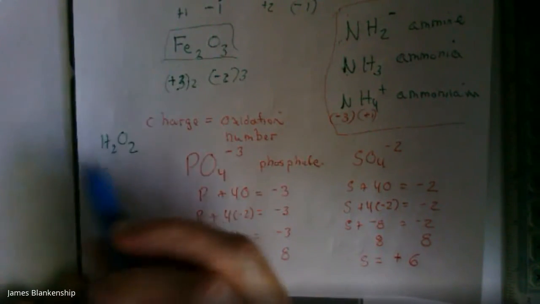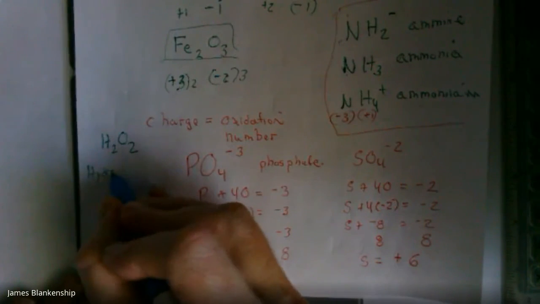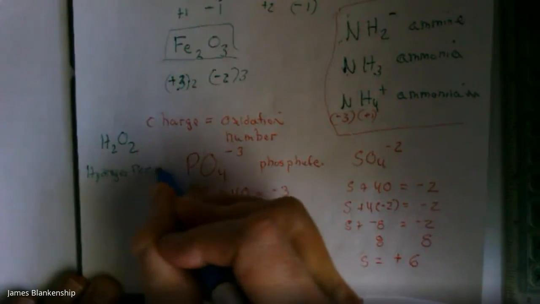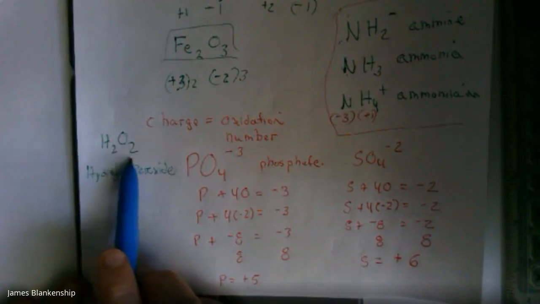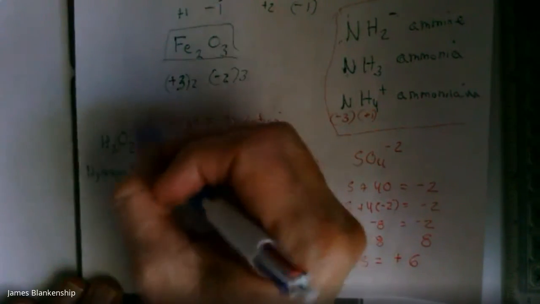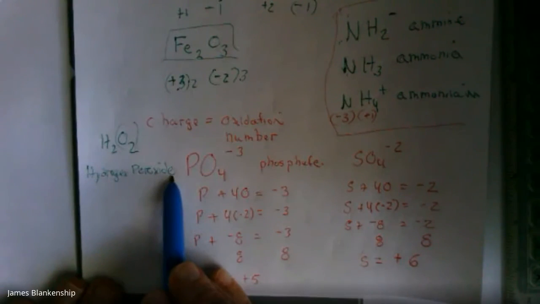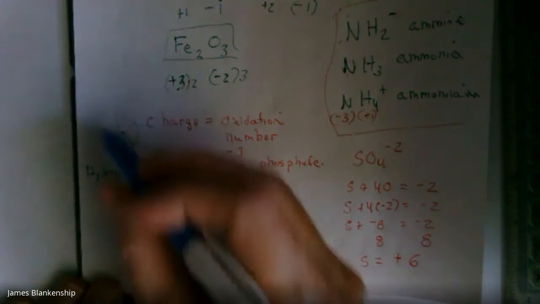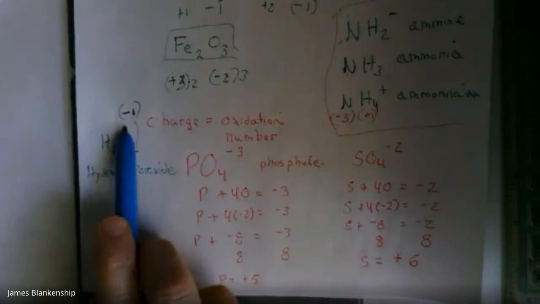Now, H2O2 is what's called hydrogen peroxide. This is the only one that you should see, unless you see something else that is a peroxide. But this is hydrogen peroxide, and this is the one case we'll see oxygen as a -1.